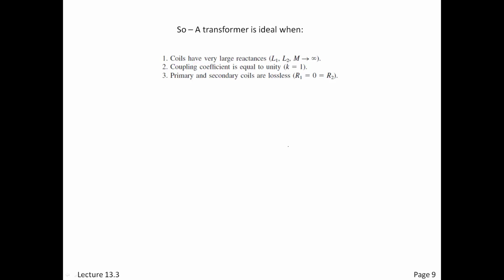And the primary and secondary coil resistances, that we're so used to including when you have things wound on paper cores or air cores, the coils are considered to be lossless.